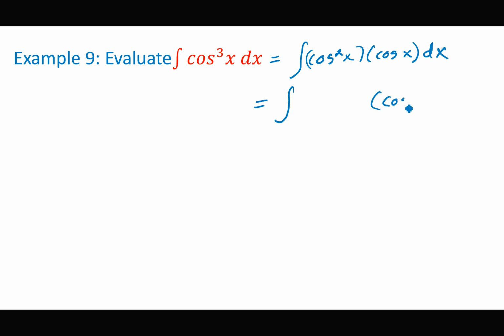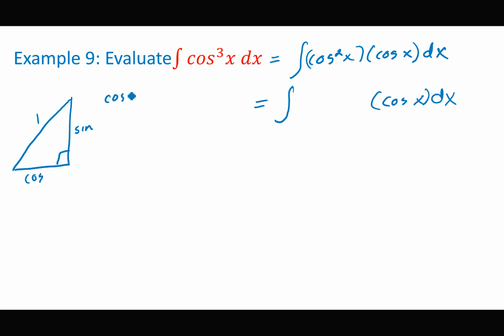Cosine squared of x. Pythagorean identity. Do you remember what that's equivalent to? Think of Pythagorean, so right triangle. If this is cosine and this is sine and this is 1, so cosine squared is the same as what?